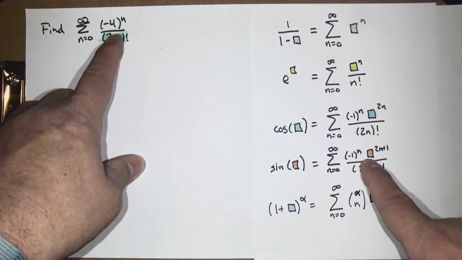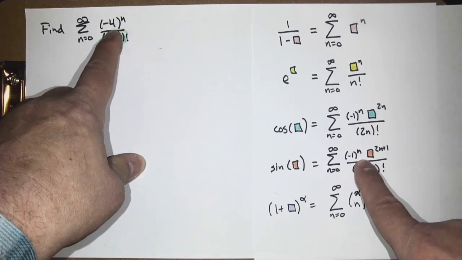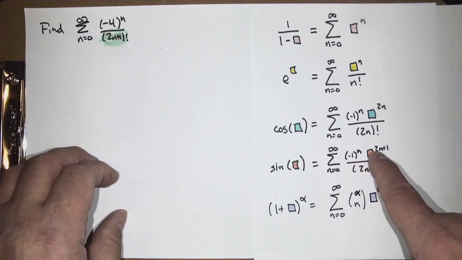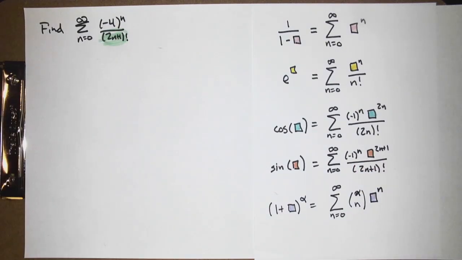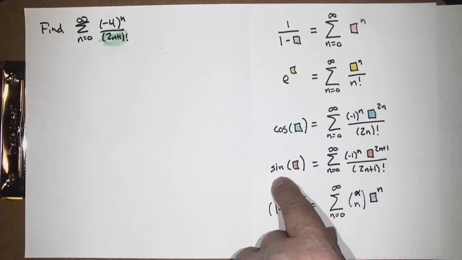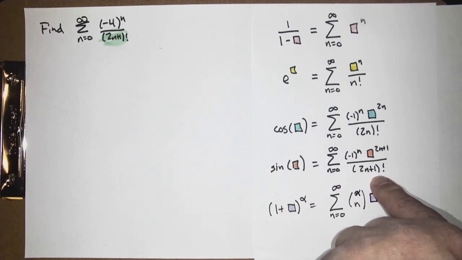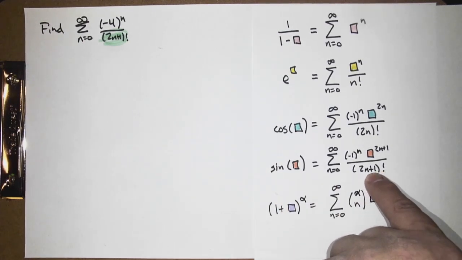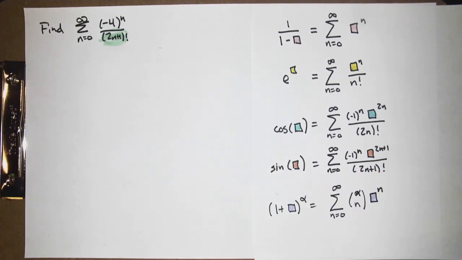So what we need to do is make the upstairs match and figure out, hey, what's in our box? And if we can figure out what's in our box, then we can go to the other side. So oftentimes we start here on the left and go to the right. But we can also start on the right and go to the left.